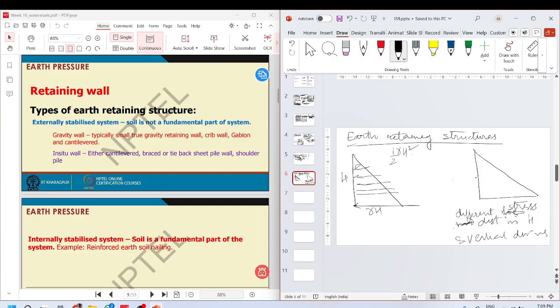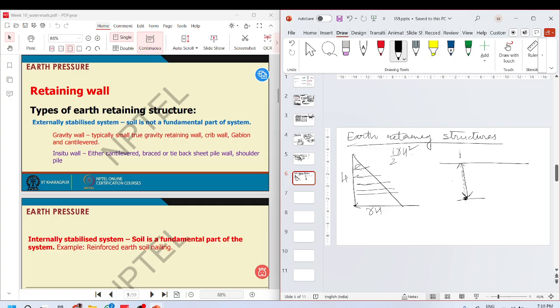So basically, up till now, whenever we have talked about overburden, we are basically talking about the burden, the weight over the point, isn't it?